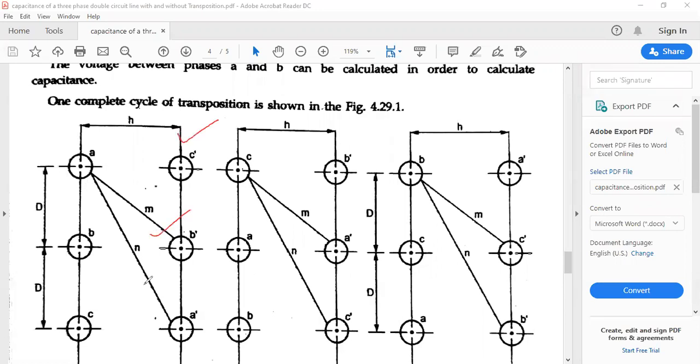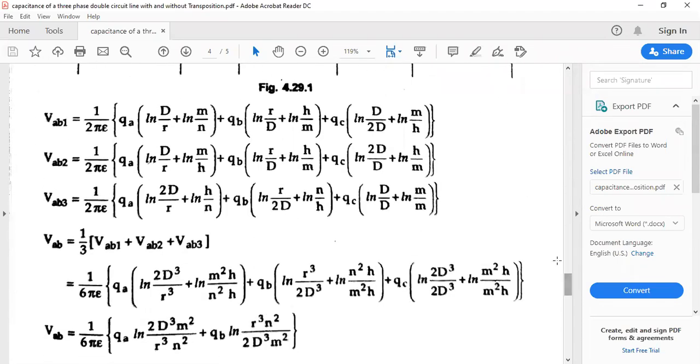At each and every point you have the distances written properly. So see to it that you follow those distances which are given, and at the end you will have the final one. Next, what you can find out is the equations at 3 different instances: VAB1, VAB2, VAB3.